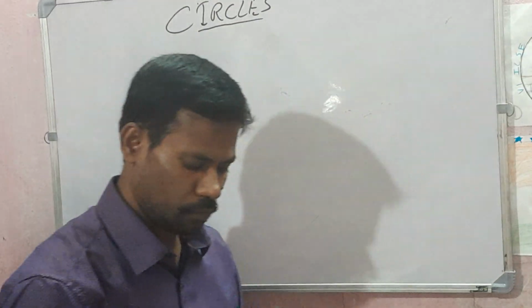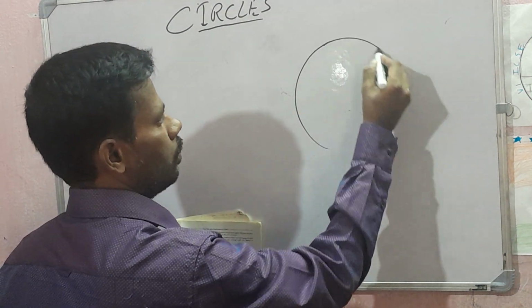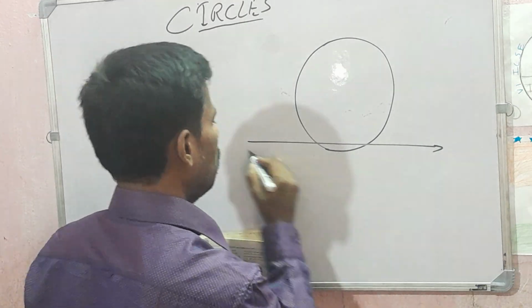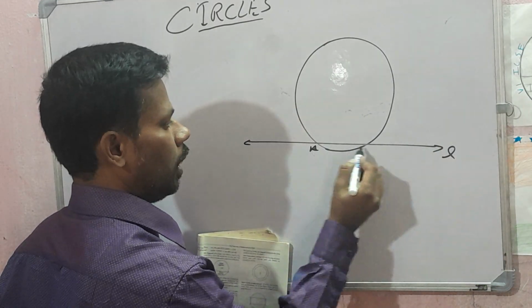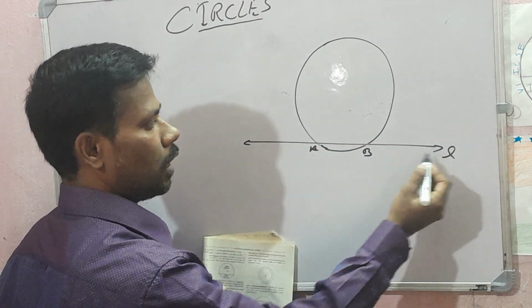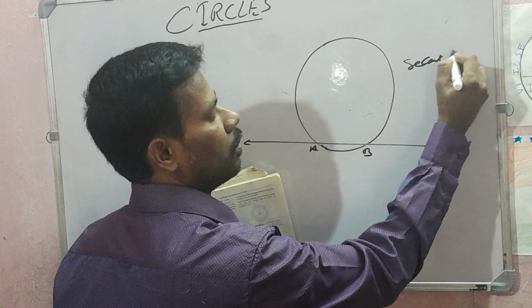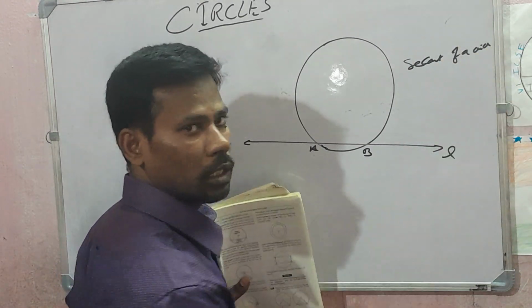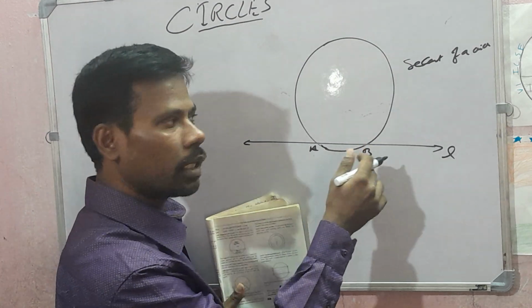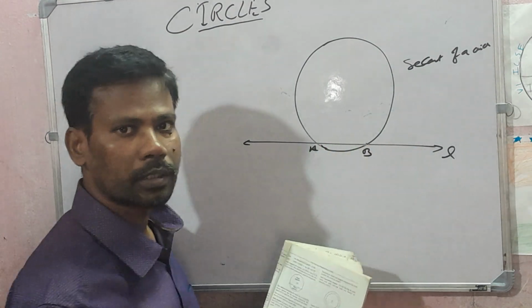Secant of a circle means a line which intersects the circle at 2 points. This line intersecting the circle at 2 points is called a secant of a circle. Just remember the definition. You need not go deep into what is secant and all that.